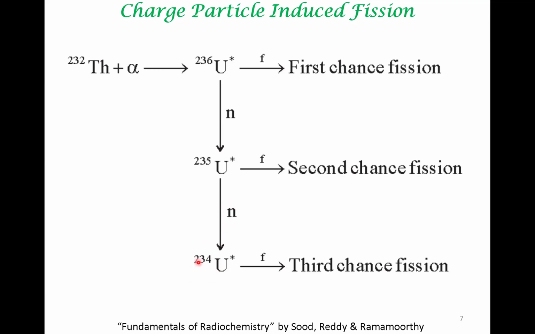You will form this nuclei, and you may have fission from this nuclei. So this kind of first chance, second chance, and third chance fission is typical of alpha particle or charged particle. It may be a proton, it may be an alpha particle colliding with the nucleus, leading to fission.